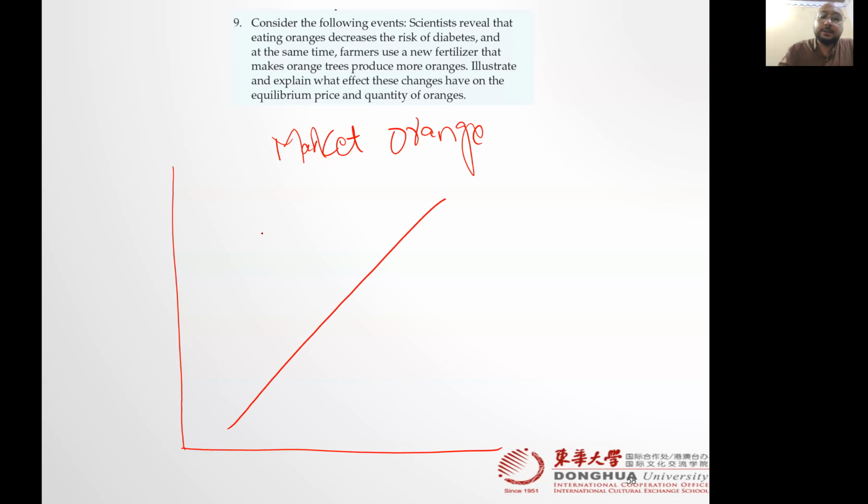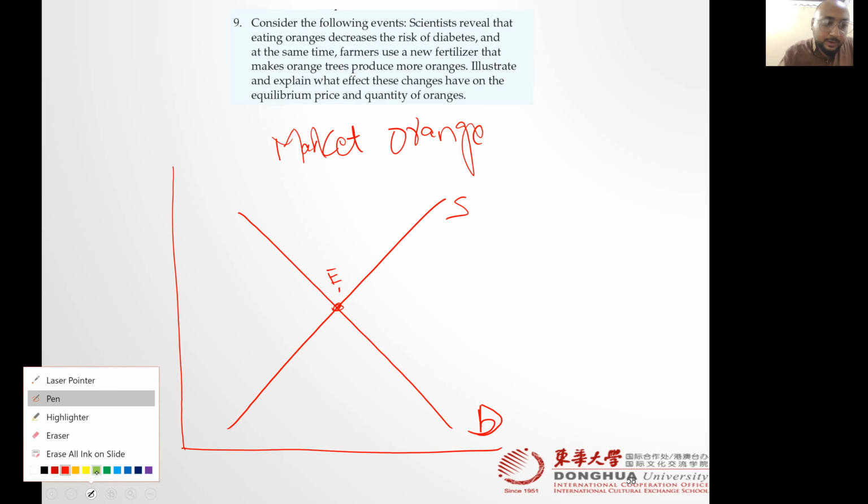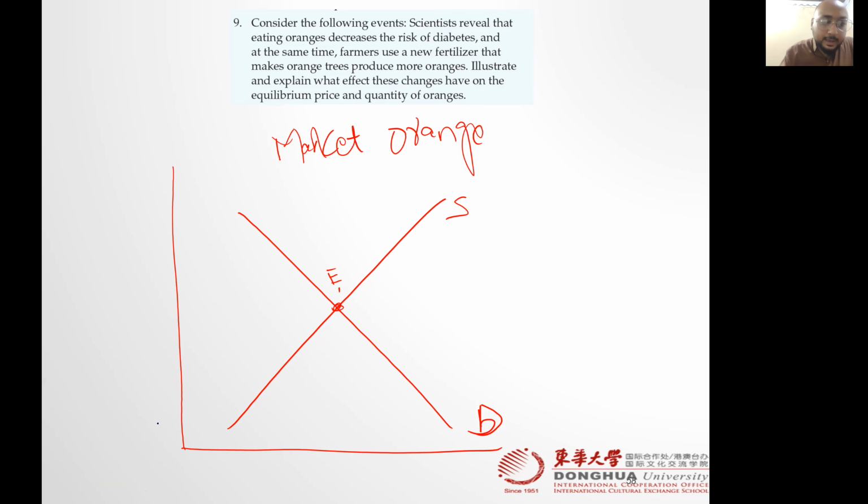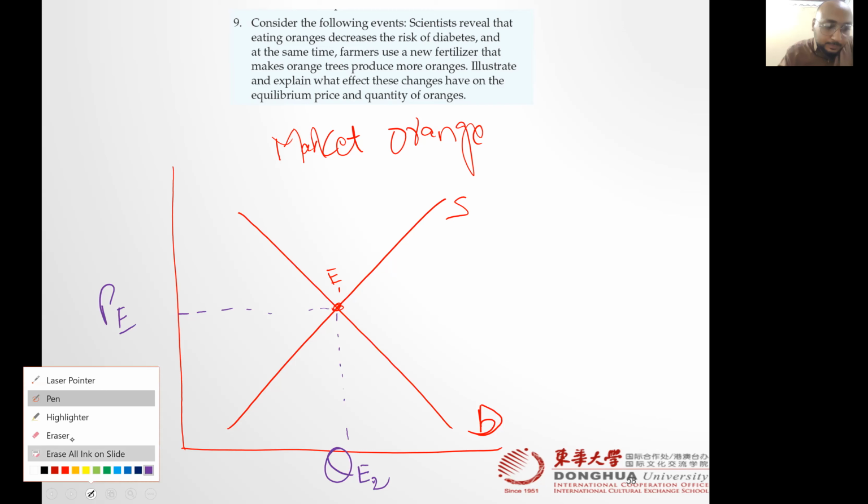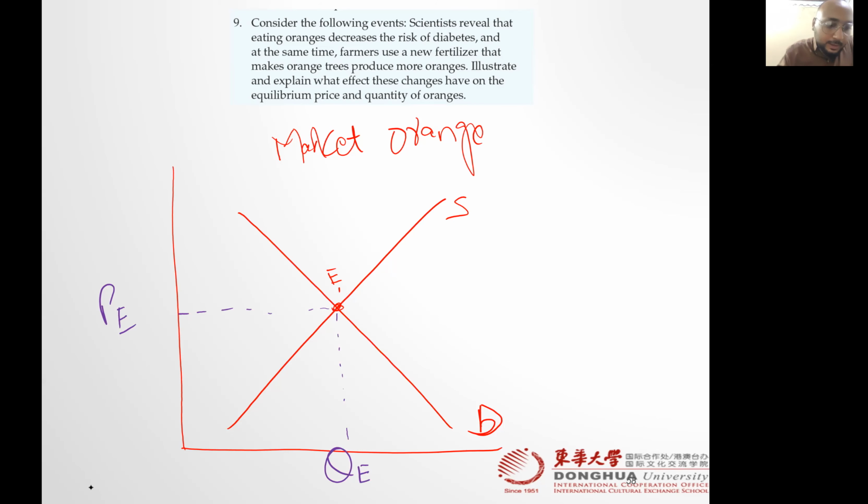So right now this is supply and this is demand. We have equilibrium here. I denote it E1, and what's going on here is that we have quantity and we have price. E1.